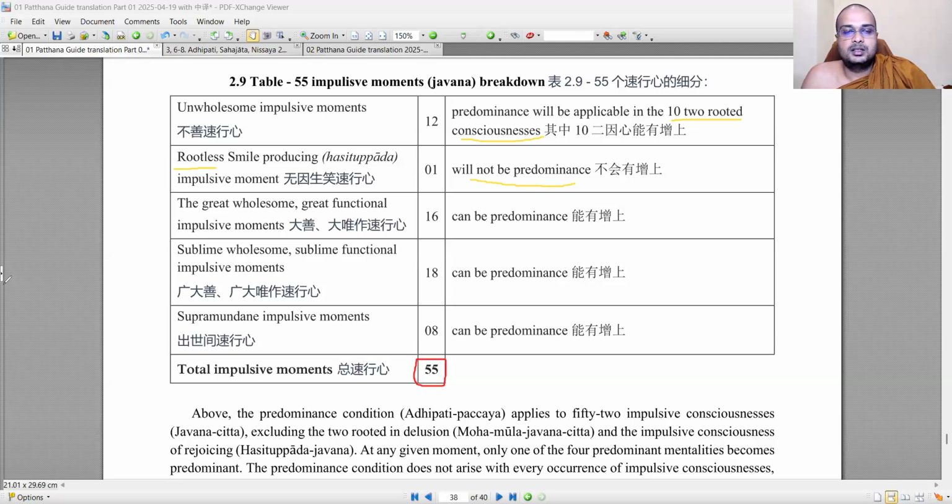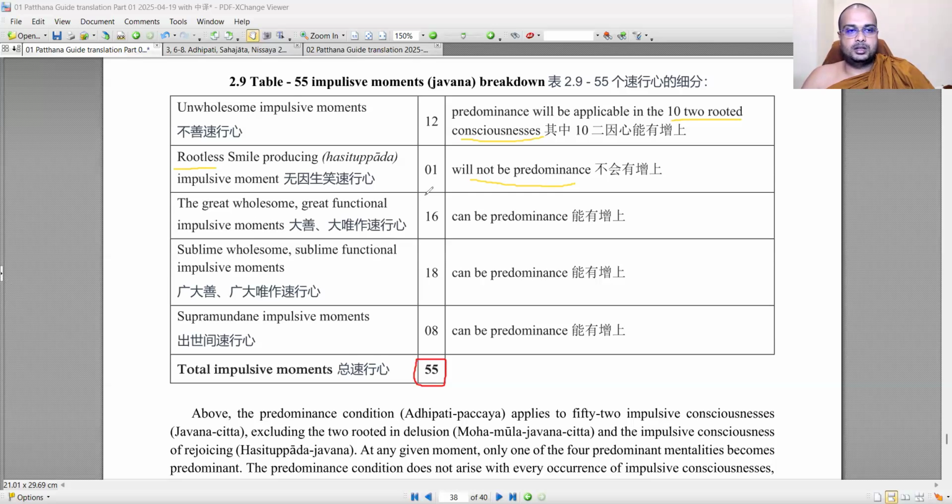In the case of jhana, there are many conditioning states. In the case of the faculty condition, there are also many conditioning states. But here, even though there are 4 conditioning states, wherever this conascent predominance is applicable, only one will be there, right? Which means, say for example, in a particular consciousness, right?